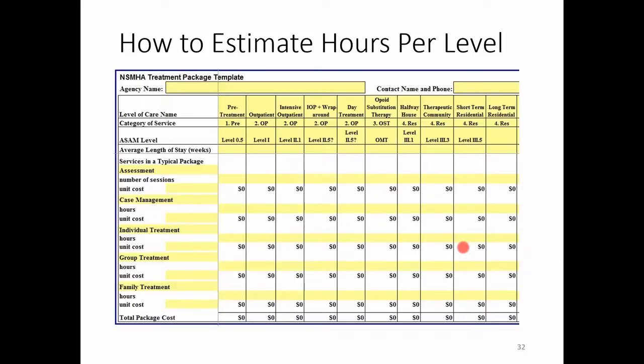So here's a template for substance use disorder services: pre-treatment, outpatient, intensive outpatient plus wrap, etc. The template is basically for your clinical design: for a given episode of care, how much of each type of service are you going to be providing?